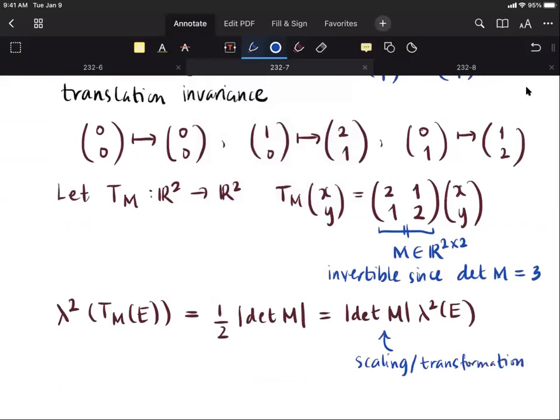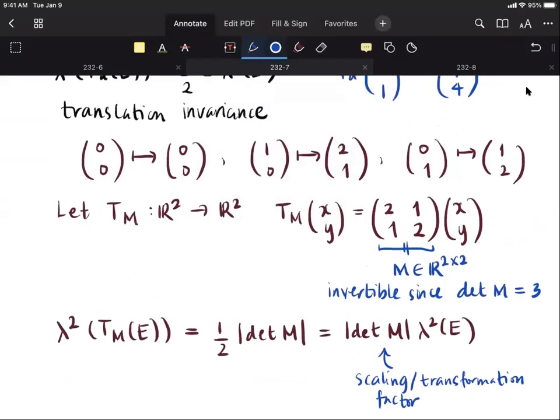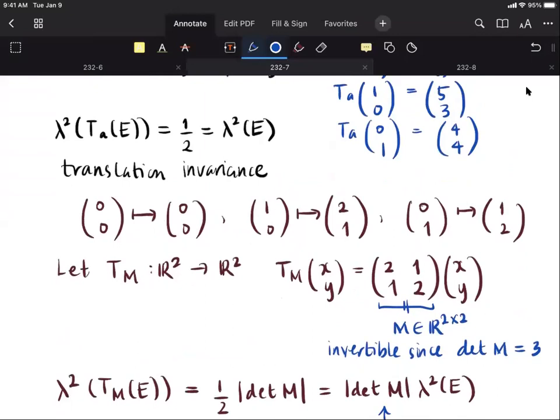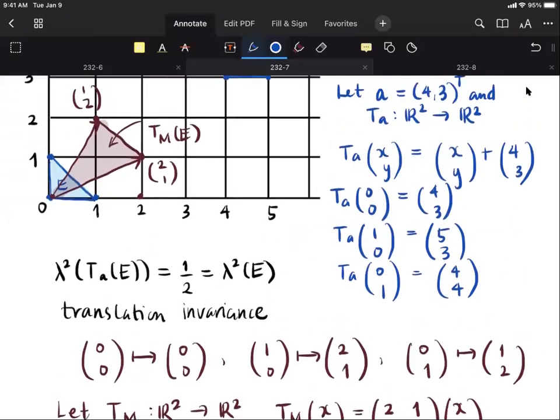So let's say this is the scaling or transformation factor. So here the determinant is 3. So with respect to this matrix M, the area would be 3 times the previous one.